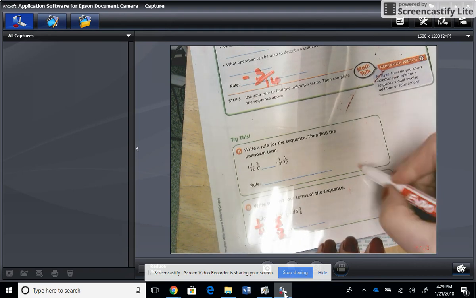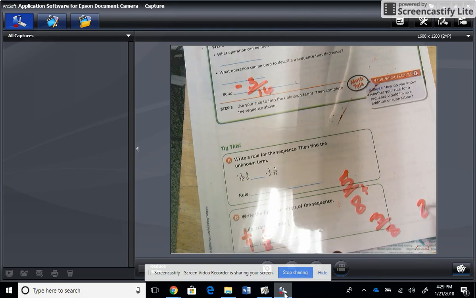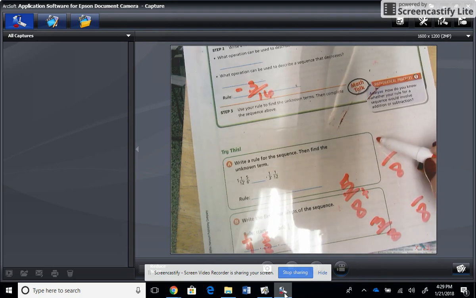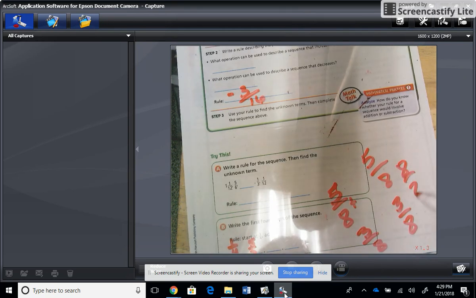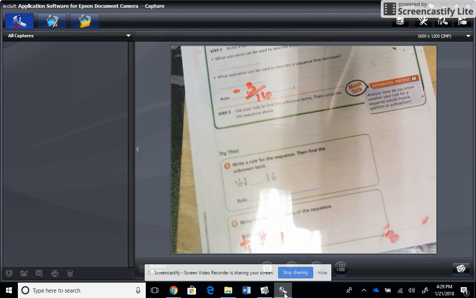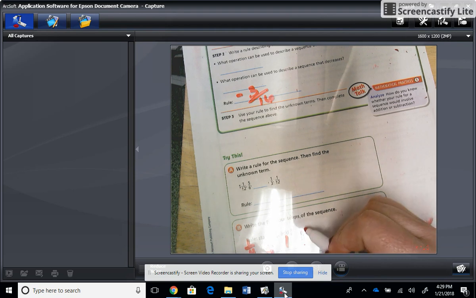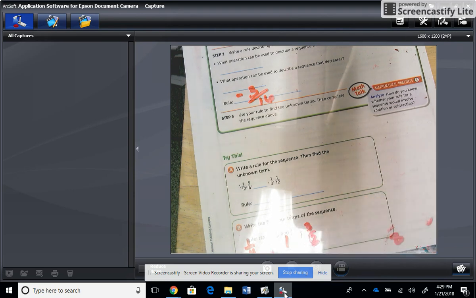Okay, now we take 5/8 plus 3/8, and the 8 stays the same, so I just have to add them together. 5/8 plus 3/8 equals 8/8. What am I going to put for 8/8? I'm going to put 1 whole. And the next one I don't even have to add, because 1 whole plus 3/8 is 1 and 3/8.